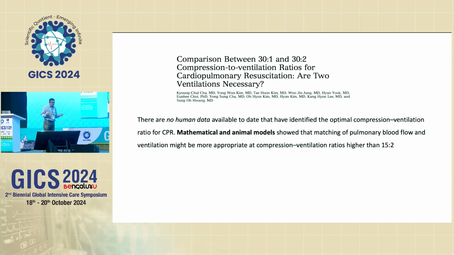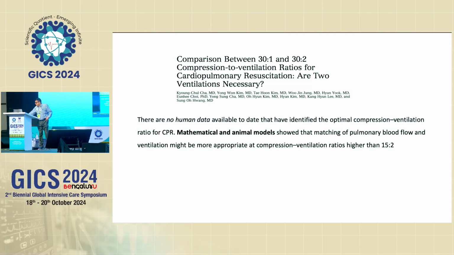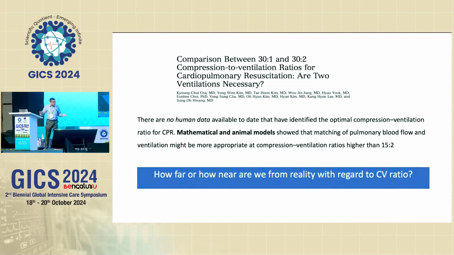Although there are no human data available to date that have identified the optimal compression ventilation ratio for CPR, mathematical and animal models have shown that matching of the pulmonary blood flow and ventilation might be more appropriate when the compression ventilation ratio is higher than 50:2. Now that makes both 30:1 and 30:2 suitable.